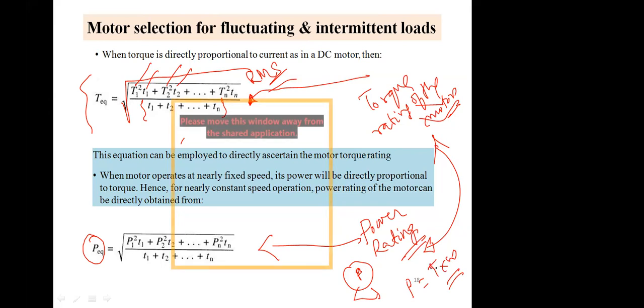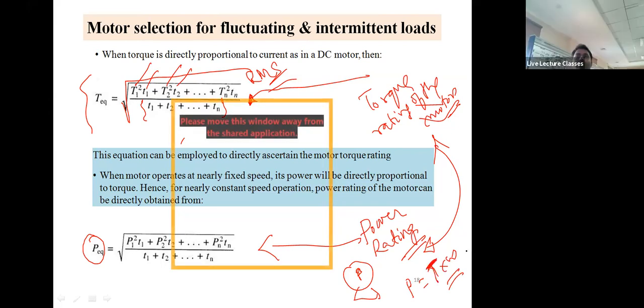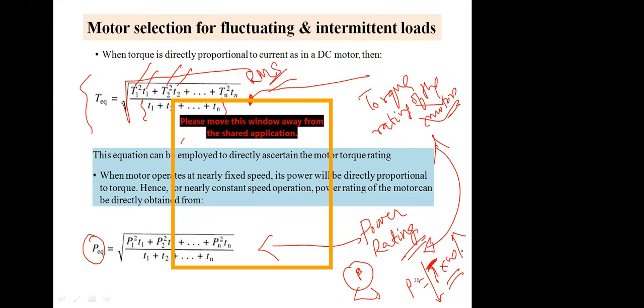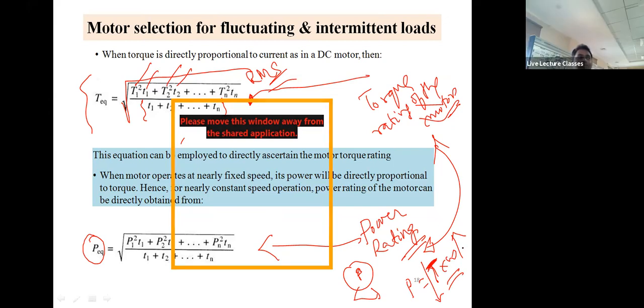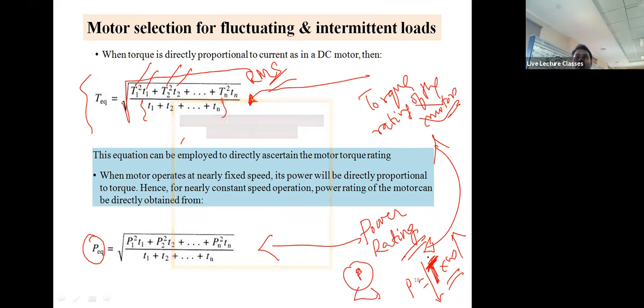It might give you a greater speed but at a lower torque, which is not acceptable. First of all, the speed matching has to be there, almost the same or divided by the gear ratio. And finally, the torque matching has to be there.